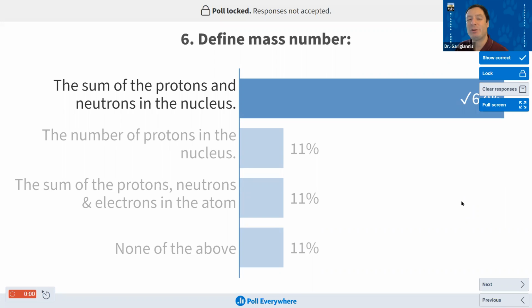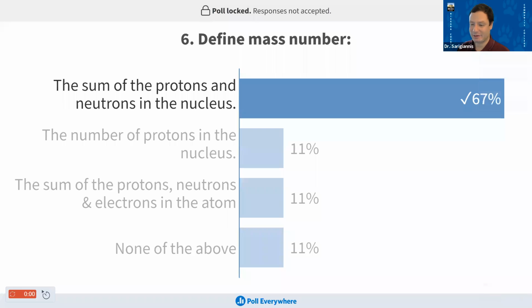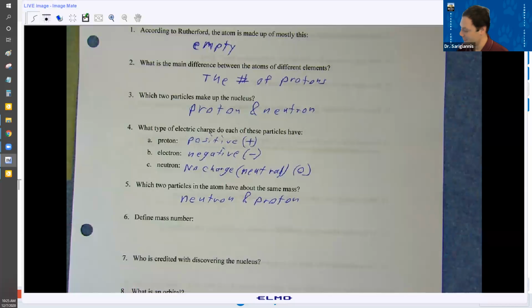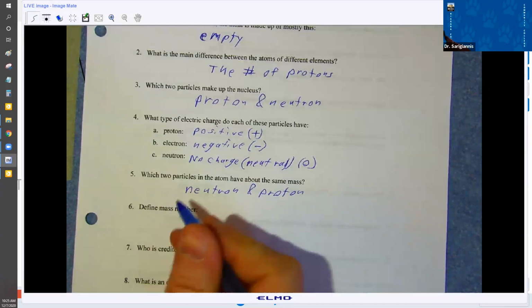So mass number is typically used in the concept of isotopes, right? We give the mass number and we can tell how many neutrons an isotope has. So let me write this down here. So define mass number.